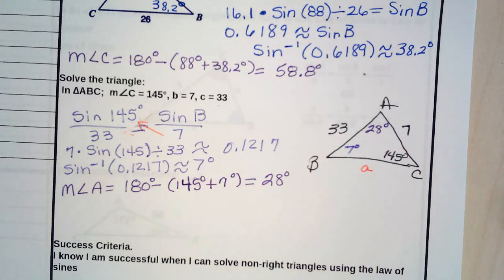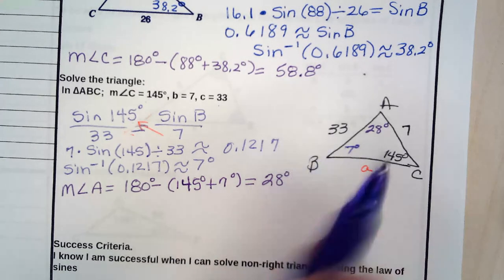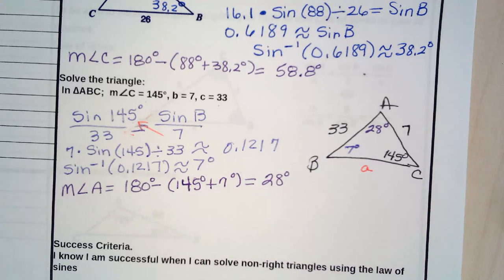Okay, now we can finally find side A because we've got those matching pieces. You always go back to the original because with the original you have not estimated, you've not done that approximation. So that will give you a much better number without the rounding error.